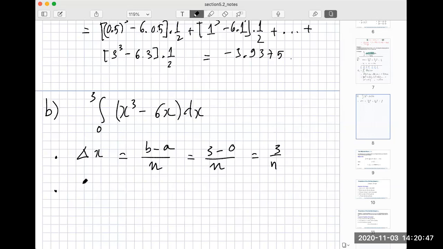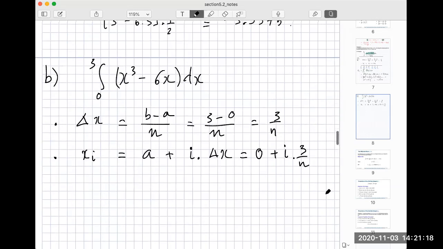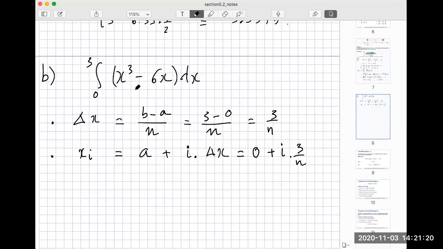And another formula: any xi will be a plus i times delta x. a in this case is 0, delta x we just computed, and i is a number running from 1 to n. So we know xi, and we're given the function f.